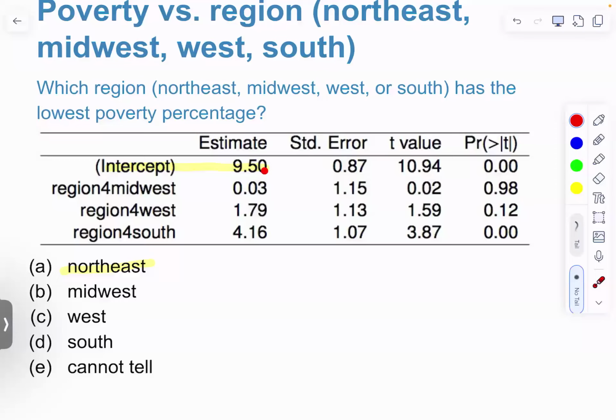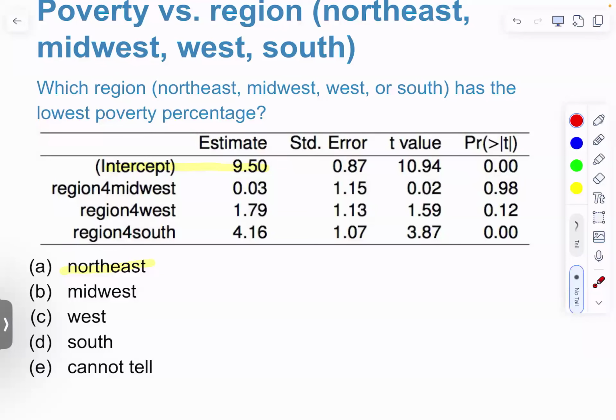You can try 9.5 relative to what? It's going to be relative to 0. All these things are going to be relative to 0. So that's nice. It'll just be 1.79 divided by 1.13, which should be 1.59.